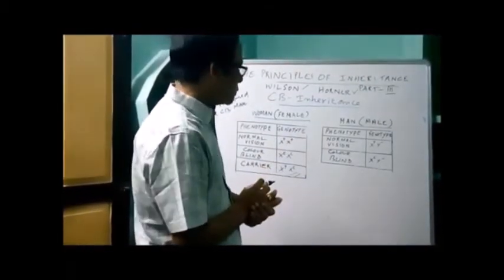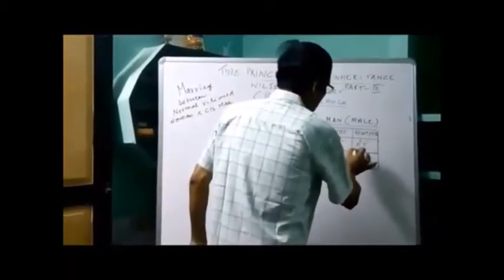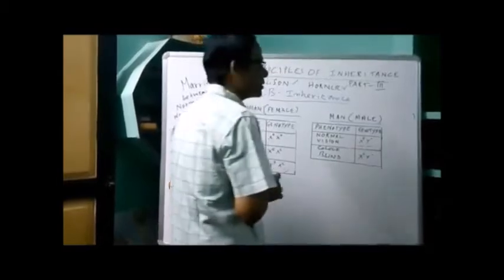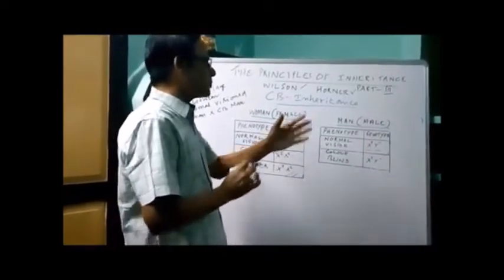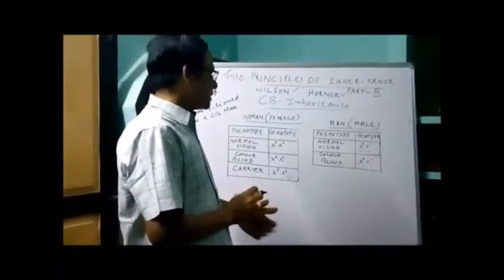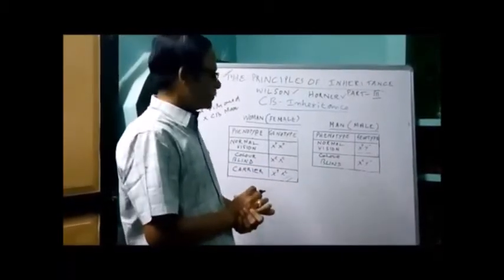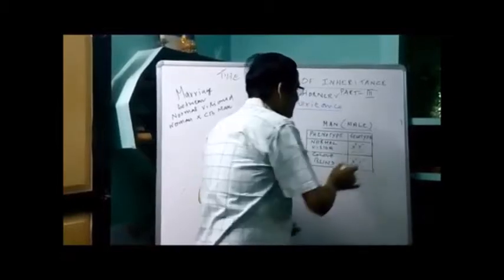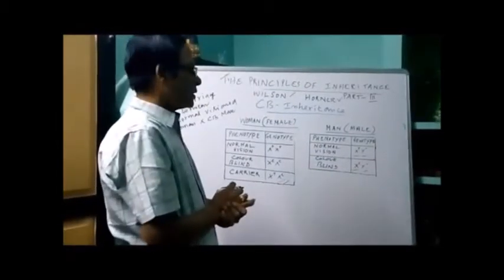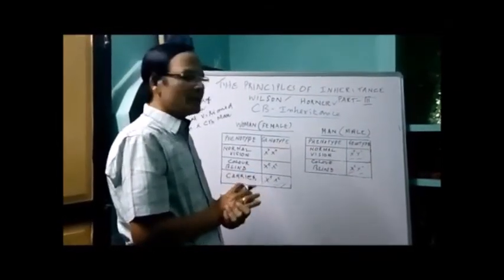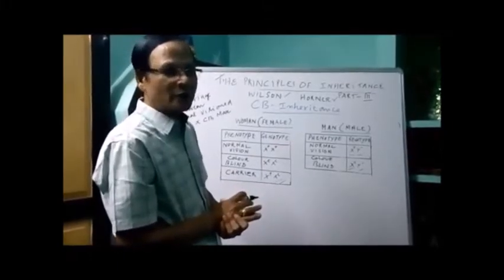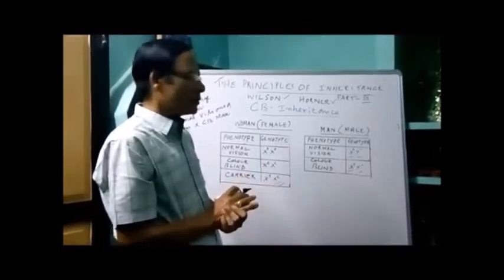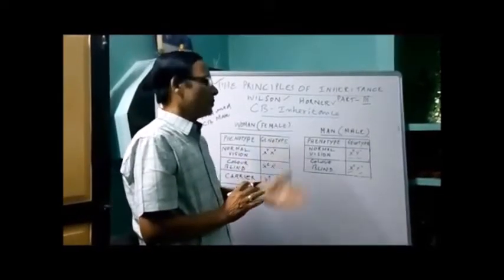So people with normal vision have one plus gene and no corresponding allele in the Y chromosome, that's why it is shown as minus. In colorblind individuals, they have a recessive gene and no corresponding allele in the Y chromosome. As these individuals are hemizygous, males are mostly affected when compared to the females.